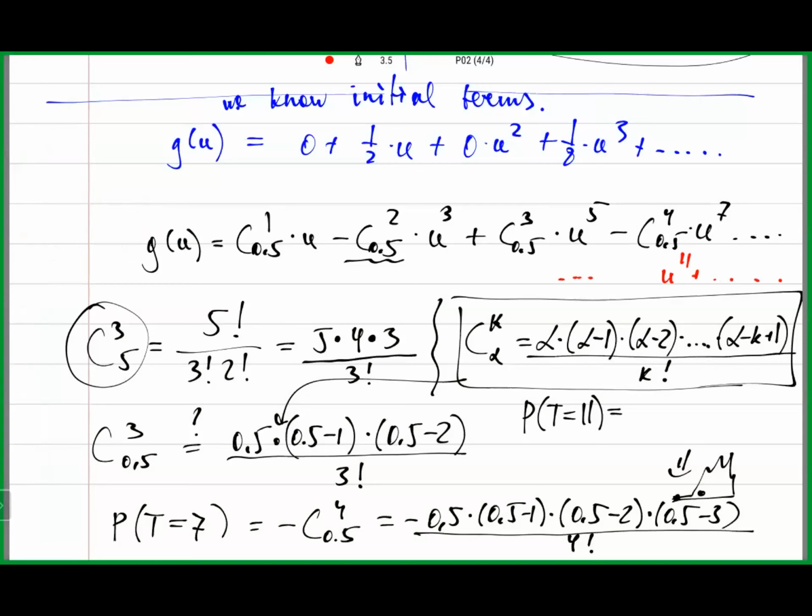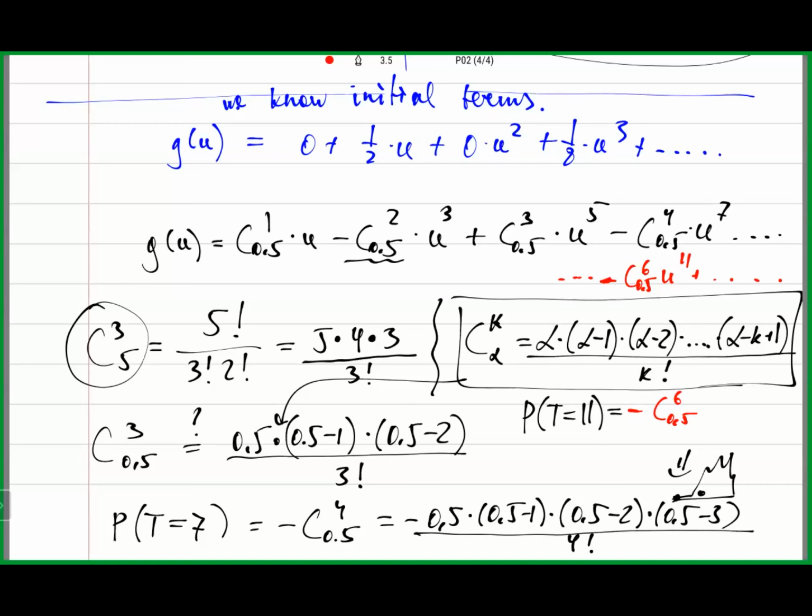What is the coefficient before u^11? It's C 0.5 power 6. And is it with plus or with minus? With minus. So it's minus C 0.5 power 6, and we can calculate it. That's not a problem. We can even express it with factorials.